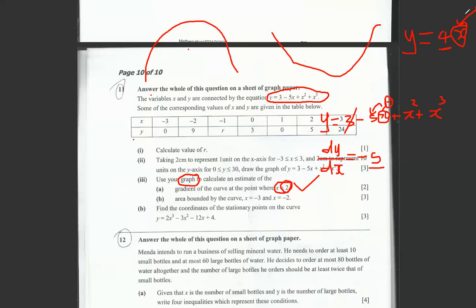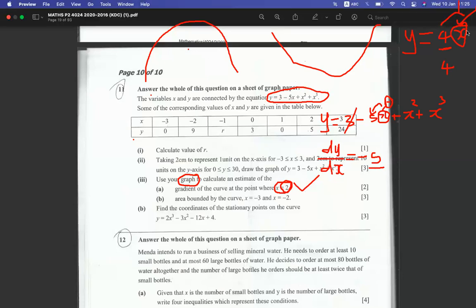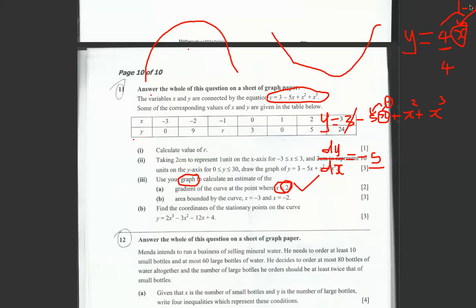Because the power here is 1, 1 times 4, the coefficient will not change. And because the power is 1, when you subtract another 1 from the 1, it becomes 0. This 0 is sitting on x. So x raised to power 0 is 1, meaning we are saying 4 times 1, and the answer just becomes 4. That is how the negative 5x has just given us negative 5 as our dy dx.